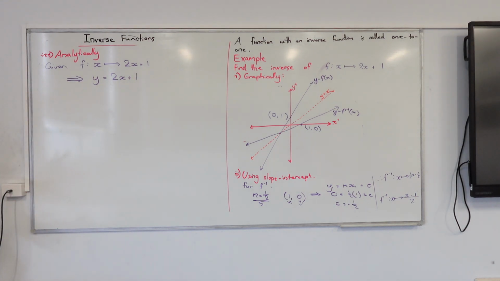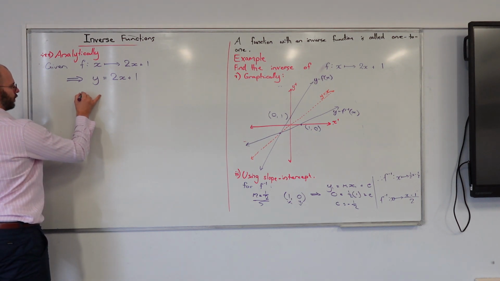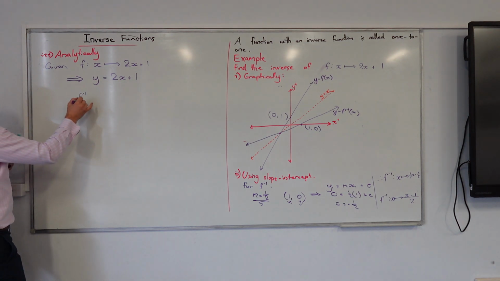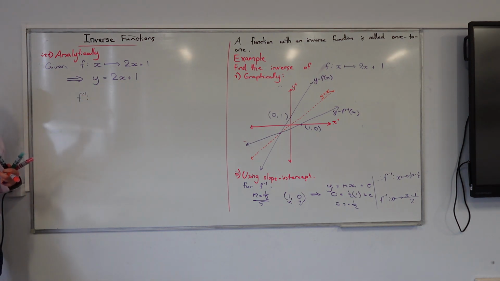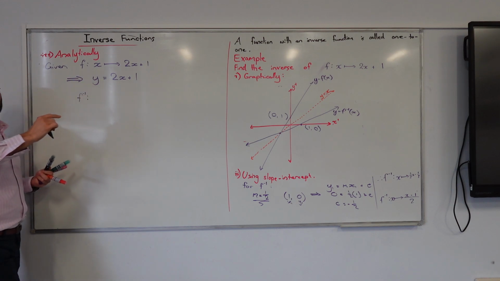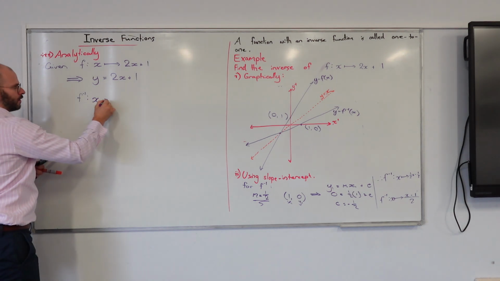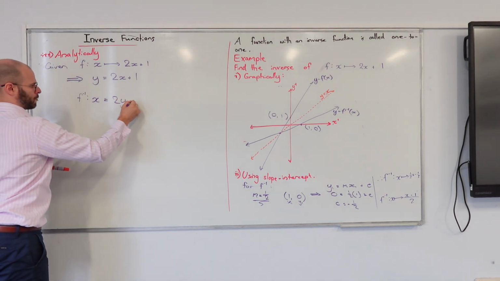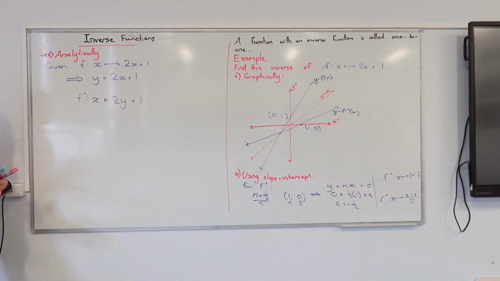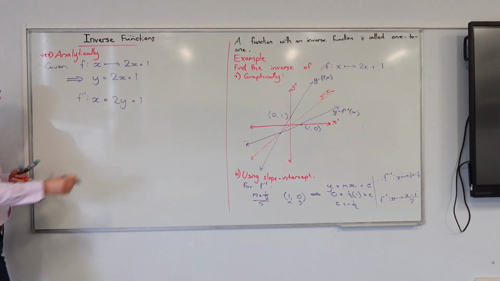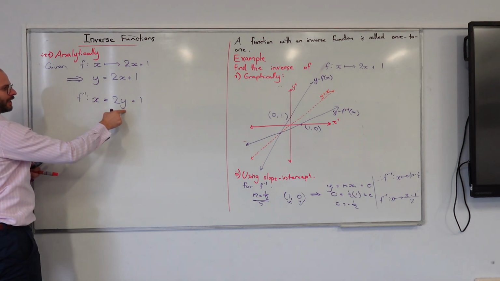Do you agree? Next step, what we're going to do is we're going to go for the inverse here. Wherever I see y, I change it to an x, and wherever I see x, I change it to a y. Freaky, right? Yeah, that's actually kind of weird. Then we simply arrange for y.